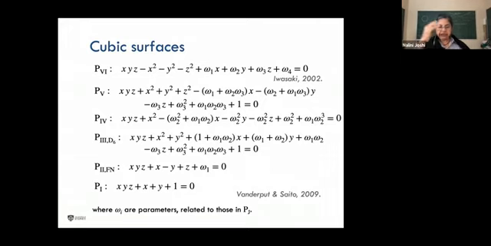For each of the Painlevé equations, you can write down the equation that defines the monodromy manifold. And they all happen to be cubic surfaces. That's already interesting. I think for Painlevé 6, that was pointed out by Iwasaki in 2002. And for the others, I don't know how new each one was, but they were tabulated by van der Put and Saito in a very nice paper in 2009.